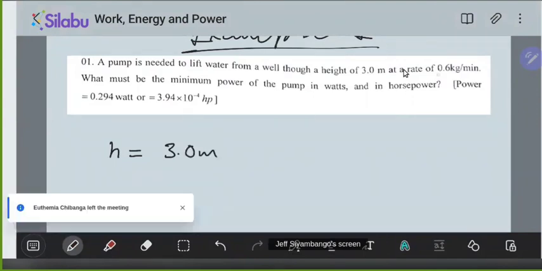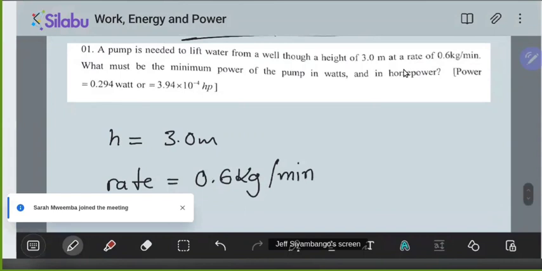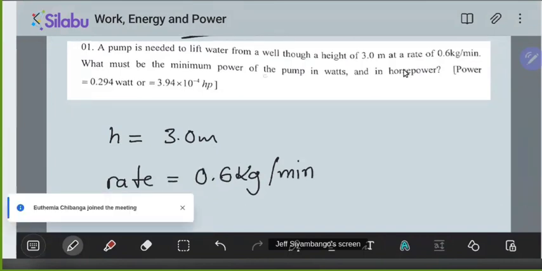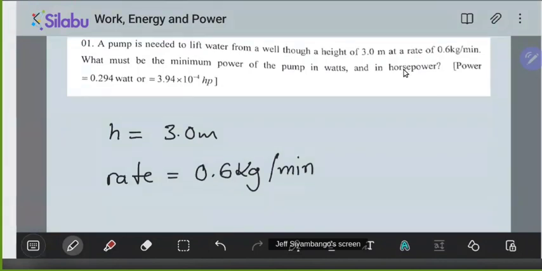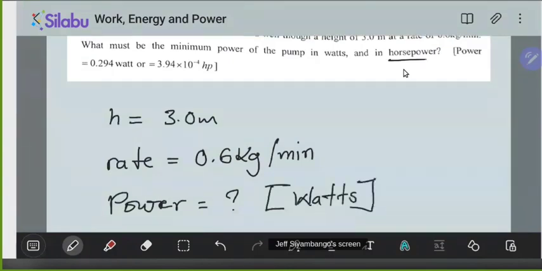They are giving us a rate, 0.6 kgs per minute. Now the question is, what is the minimum power of the pump in watts? So we want to find the power here. In the first part, they want us to give the answer in watts, and in the second part, they want us to give the answer in horsepower.